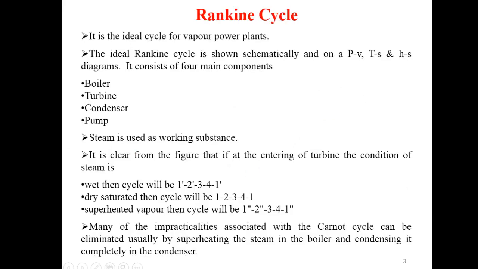In Rankine cycle, steam is used as working substance. Many of the impracticalities associated with the Carnot cycle can be eliminated by superheating the steam in the boiler and condensing it completely in the condenser.